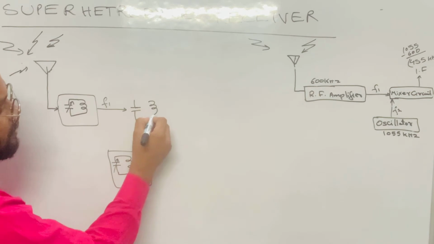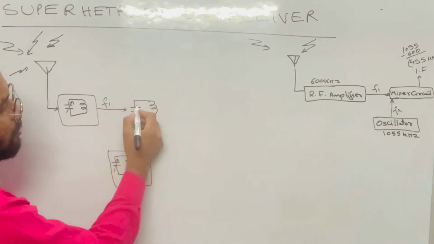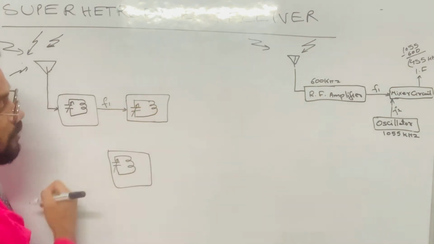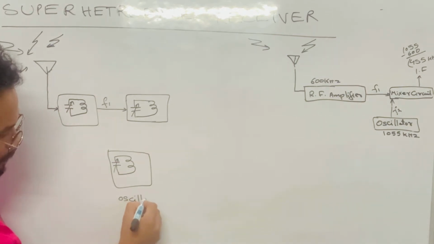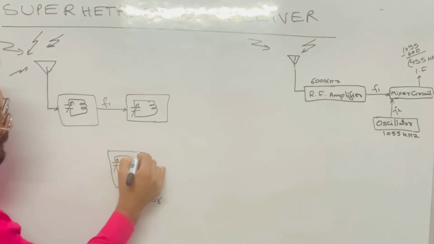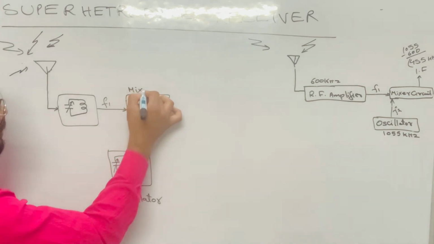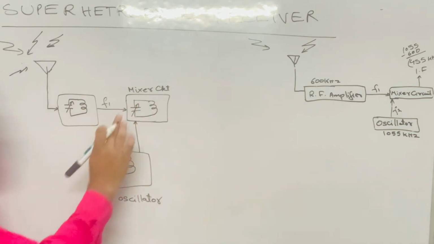Why I am saying parallel circuit, friends, is because there is a capacitor and inductor connected in parallel. This is also a variable capacitor. From the oscillator, the frequency is given to the mixer unit. So this is the mixer circuit, or you can simply say mixer.